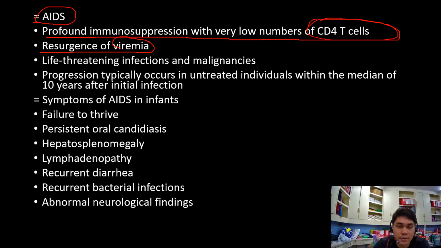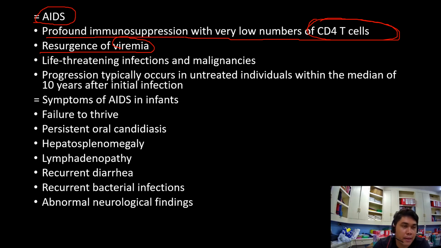In advanced HIV infection, you have very low CD4 positive cells, so your body will not be effective in producing antibodies or activating your cell-mediated immune response or your CTL, your cytotoxic T cell.